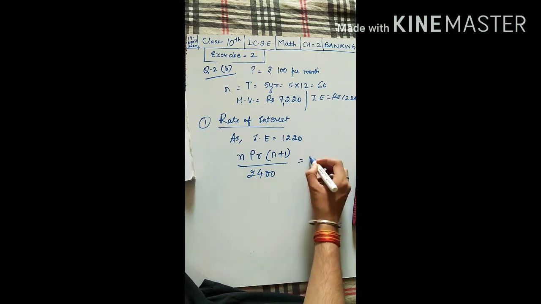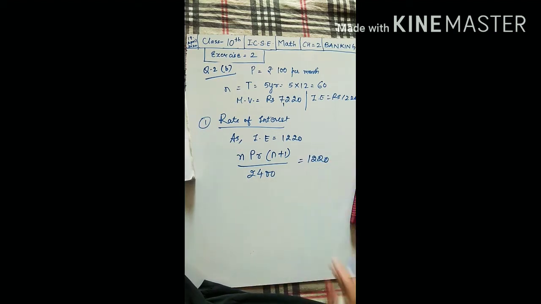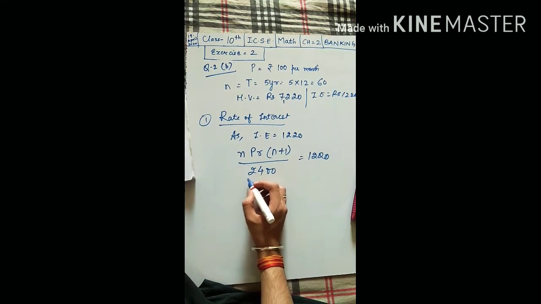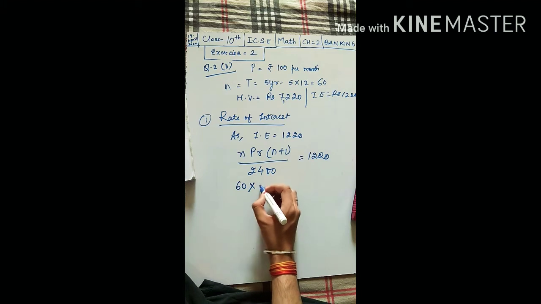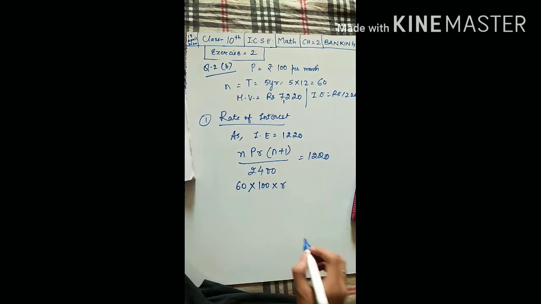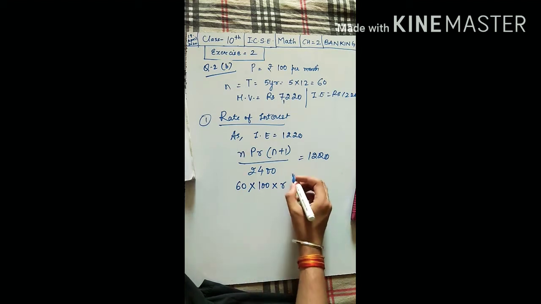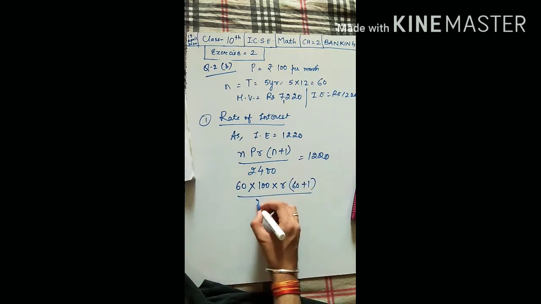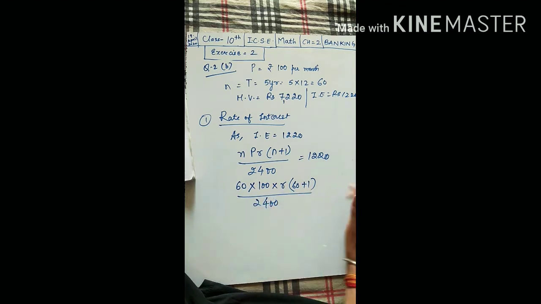Now let us substitute all the values here. n is 60, so this is 60 into principal, that is 100, into r. We don't have r, so let it be r only. n plus 1 is 60 plus 1, upon 2400, equal to this one.